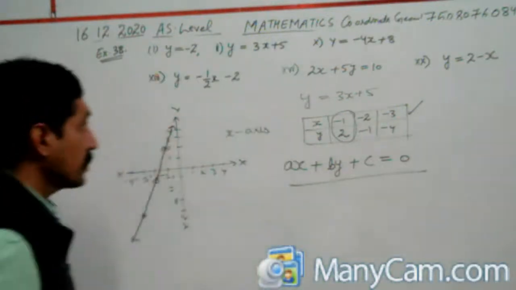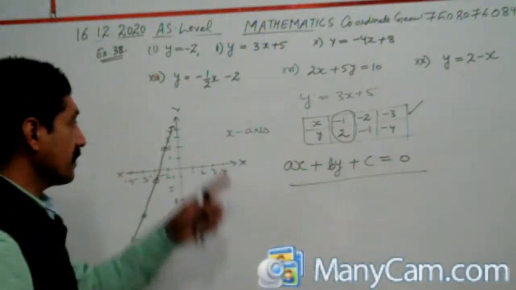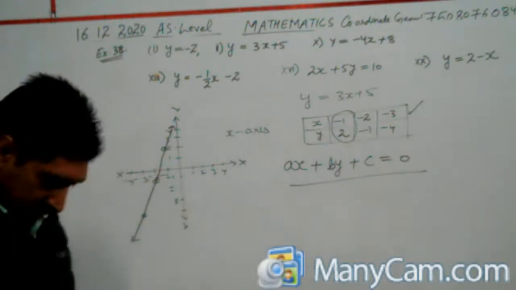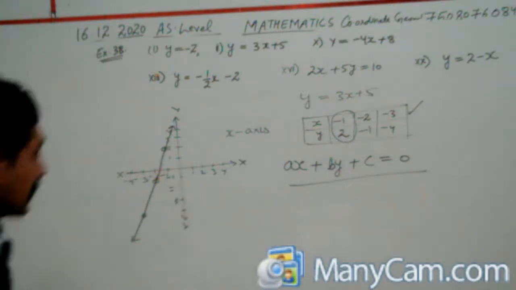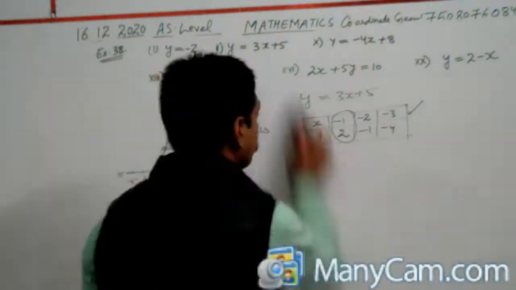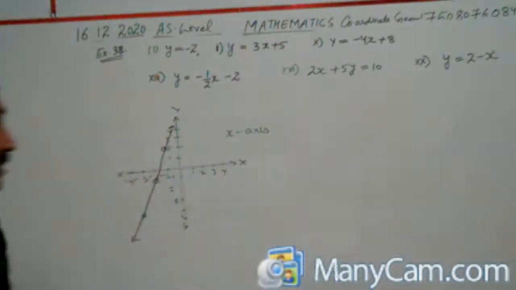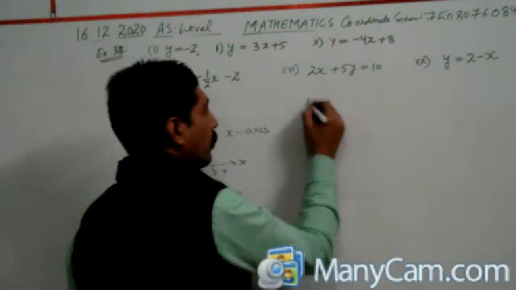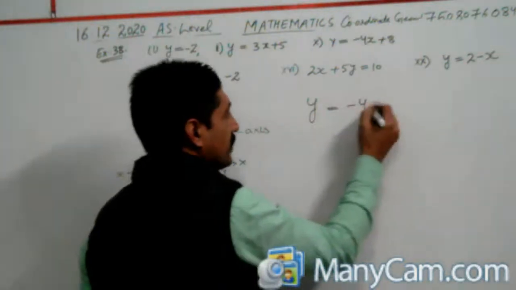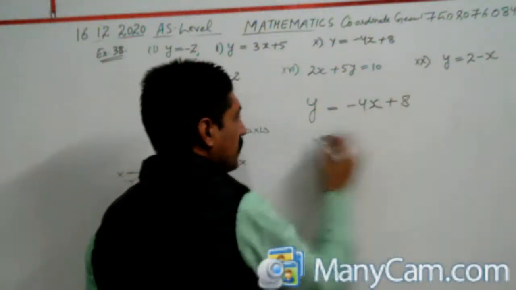Right? So next one, again in the same way, let me discuss another one. That is y is equal to minus 4x plus 8. So what are the solutions?